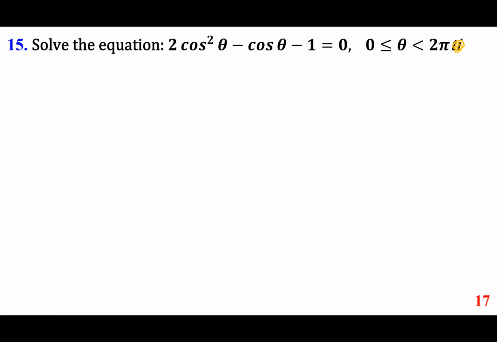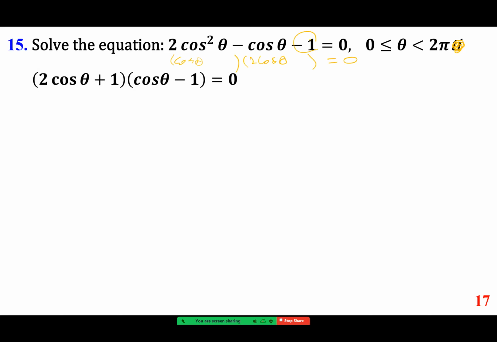Otherwise, you can use the quadratic formula. Since 2 is a prime number, you have (2 cosine theta)(cosine theta). And since this is minus 1, you have no choice but to go with 1 and minus 1. But the way you put it makes a difference, and that's why you must check the middle term.